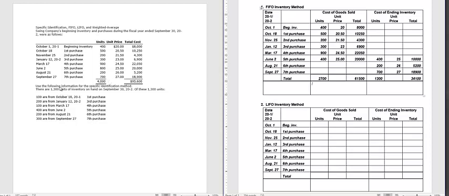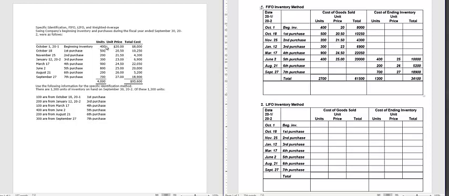So we once again know that we have 1,300 units, and since it's last in, first out, we've sold all of these, and the 1,300 we have remaining are the first ones we had. So let's plug in these.